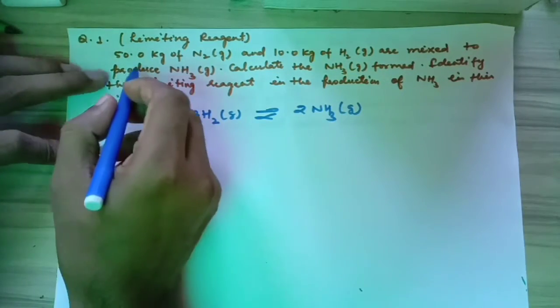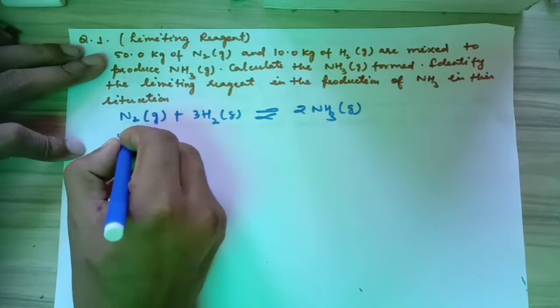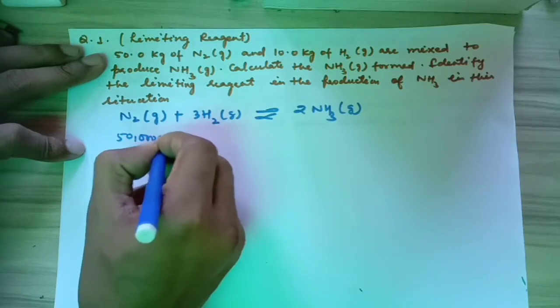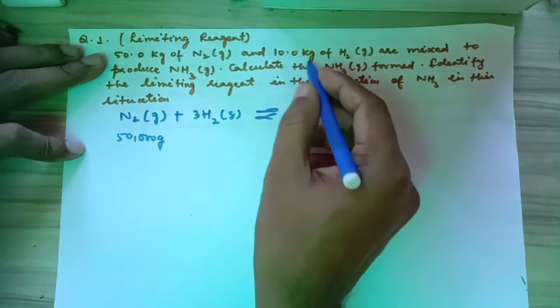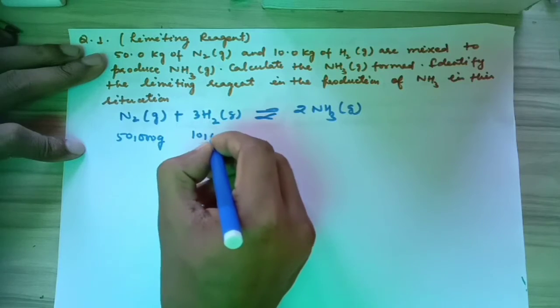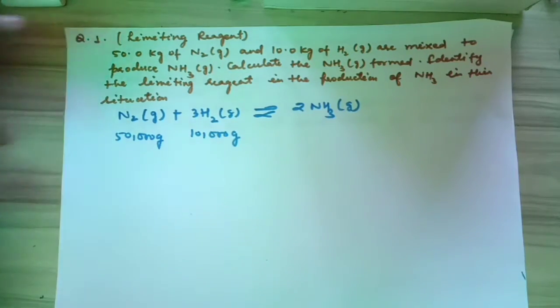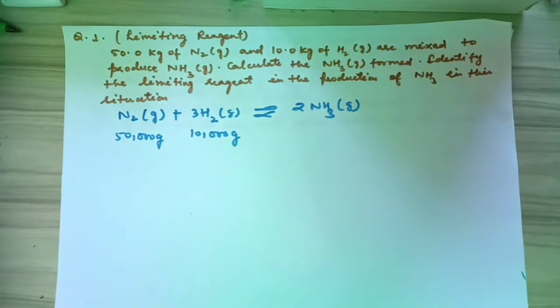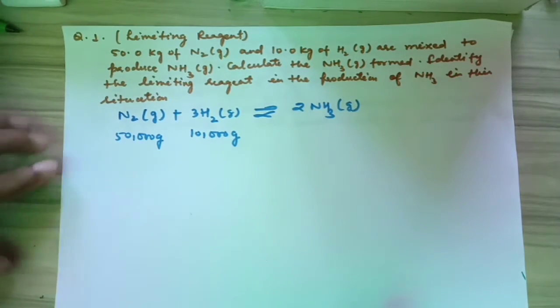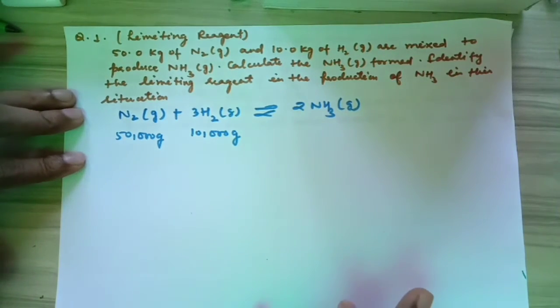Now from the given question, it is 50 kg, so it will be 50,000 gram, and hydrogen is given 10 kg, so it will be 10,000 gram. So this is the basic thing given. Now rule number 1.